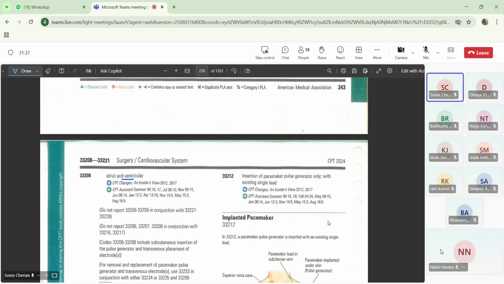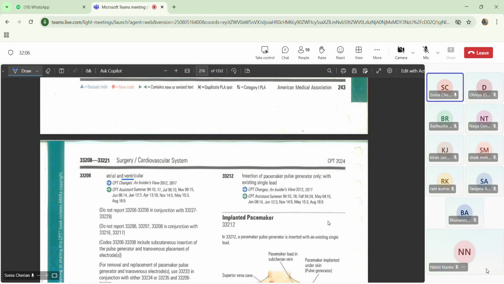It means they have placed the pulse generator and now they are also going to place the lead in the same encounter. If a single atrial lead has been placed, like a single electrode in the right atrium, then your CPT is 33206. If it is placed in the single ventricular, then it is 33207. If they are placed in both atrial and ventricle, the dual placement, we call it 33208.